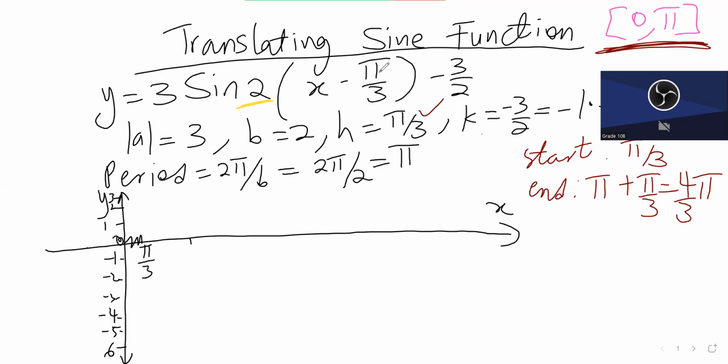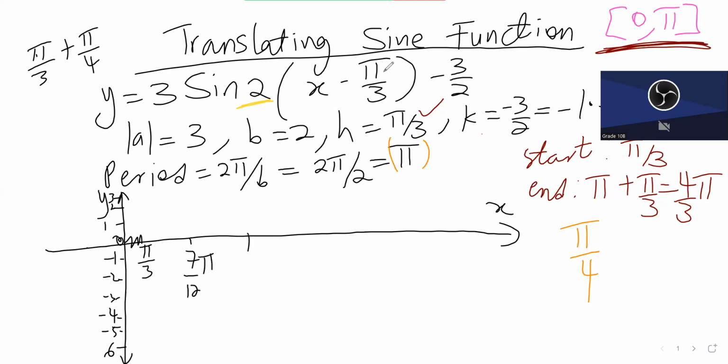We do the same thing here. What's the period here? The period here is pi. So to get 4 points for each cycle, take the period and divide it into 4, so pi over 4. If I start from pi over 3, the next point is I will add pi over 4. So pi over 3 plus pi over 4, when you calculate, you should get 7 over 12 pi.